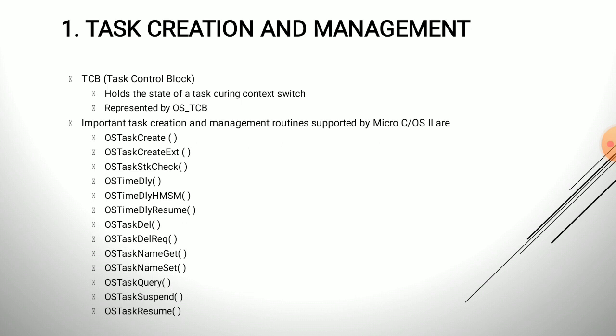Then OS task resume function resumes a suspended task. The task suspended using the OS task suspend function can be resumed using OS task resume function. So these are the important task creation and management functions supported by micro C OS2.